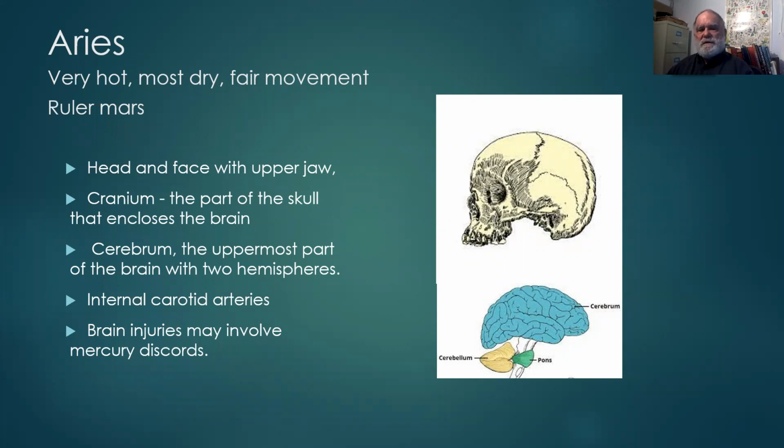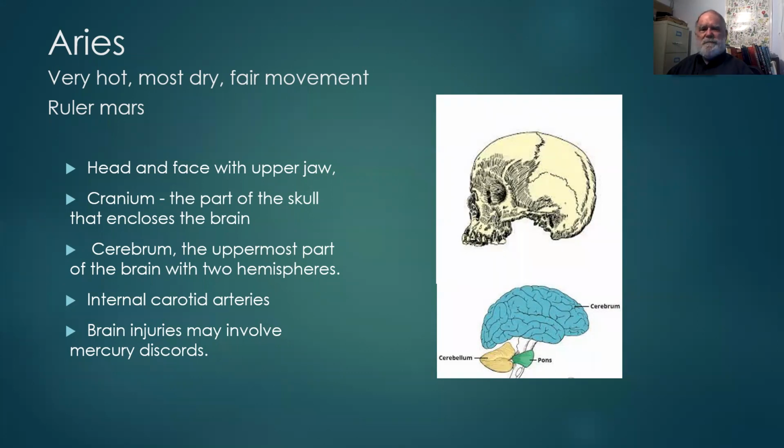So we have the head and the face with the upper jaw. It's not the whole jaw. Archaeologists find skeletons and they often look like this because the lower jaw is missing, because it falls right off, down here. So we have the upper jaw and the cranium. In Zane's terminology, the cranium is the bones that cover the brain.